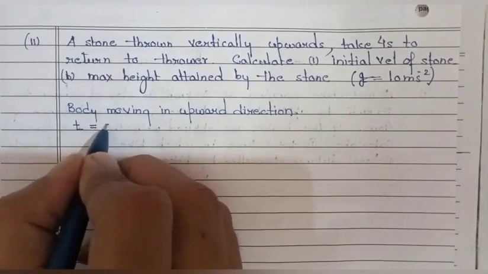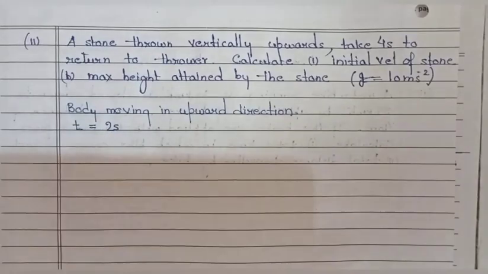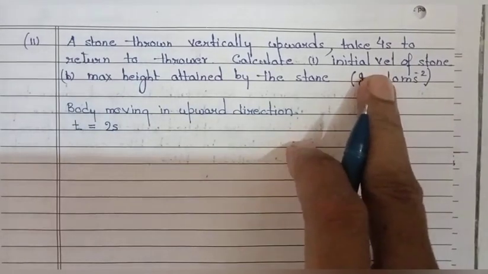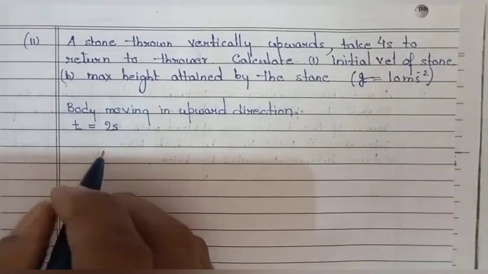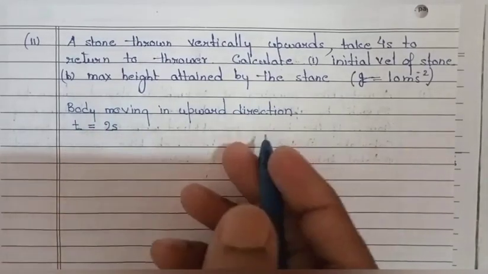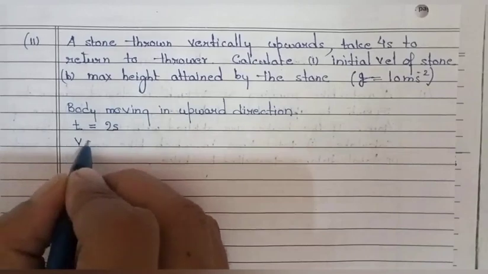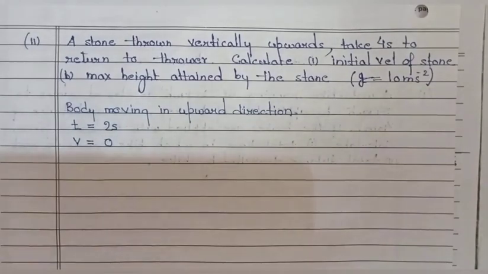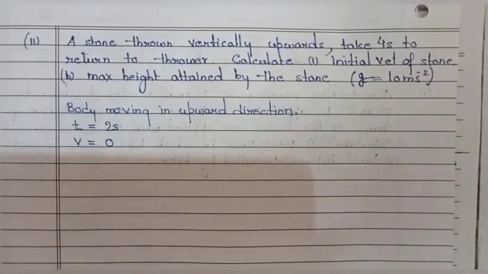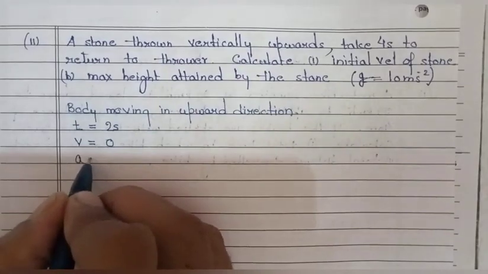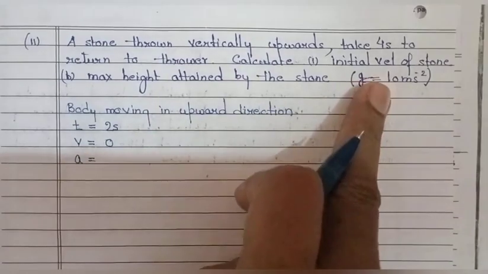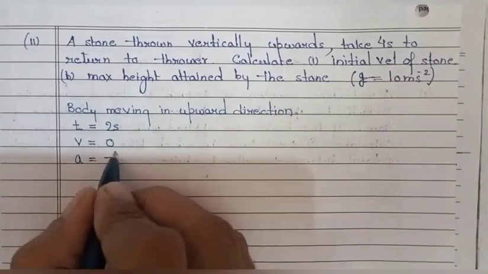So time taken to reach the highest point will be 2 seconds, because the total time is 4. Then the body is reaching the highest point, so final velocity is 0. Now the body is moving in the upward direction, so acceleration due to gravity will be negative, so minus 10.